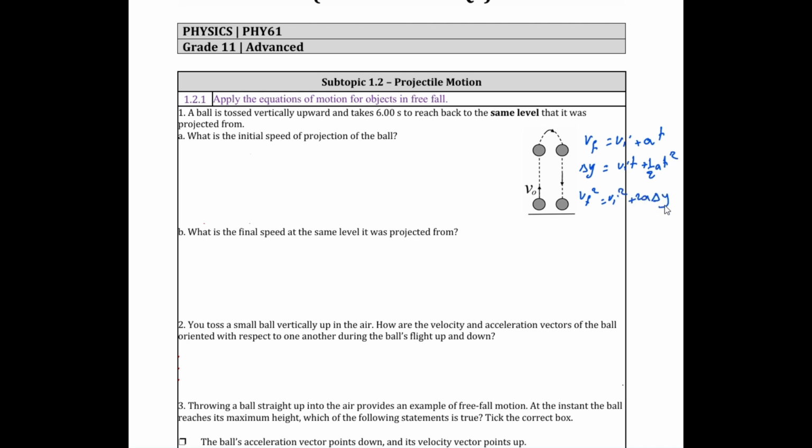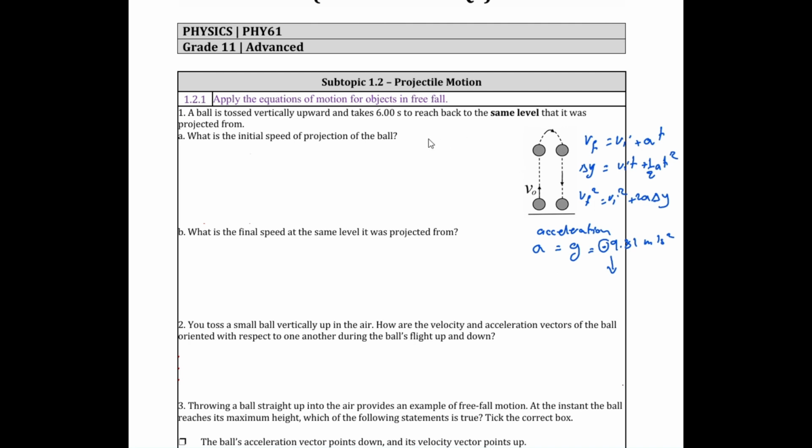Now, since we are talking about free fall and projectile motion, we need to know that the acceleration, a, will always be g, because we are talking about movement in the y direction, which is affected by gravity. The gravity in our case is 9.81 meters per second squared, and it is always negative because the direction of the acceleration is always downward.